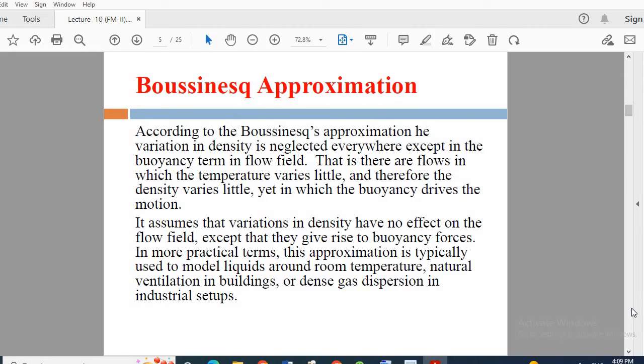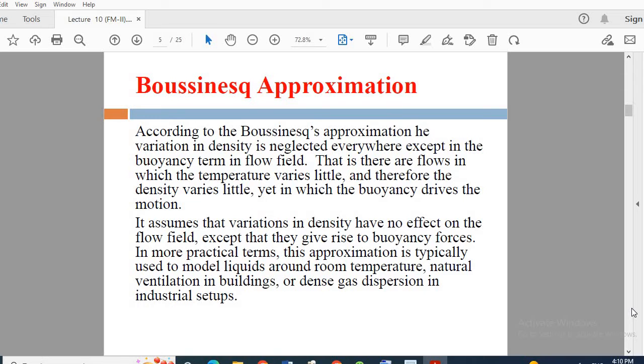Boussinesq approximation. What is the Boussinesq approximation? According to the Boussinesq approximation, variation in density is neglected. Density everywhere is neglected except in the buoyancy term in the flow field.